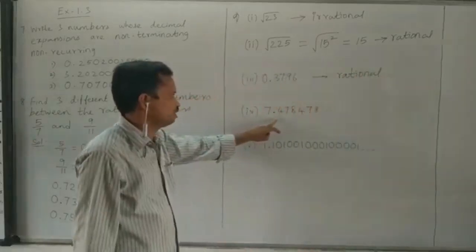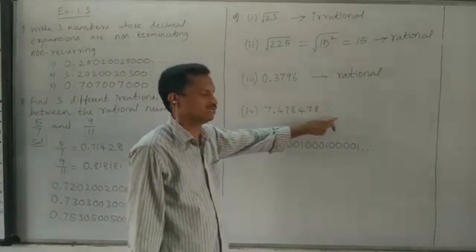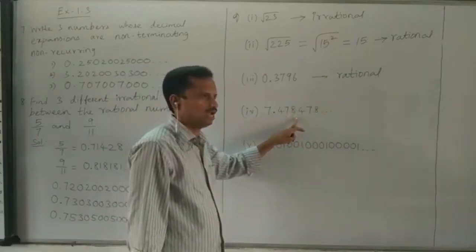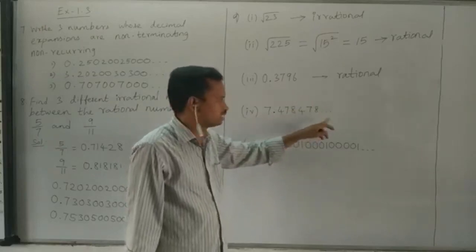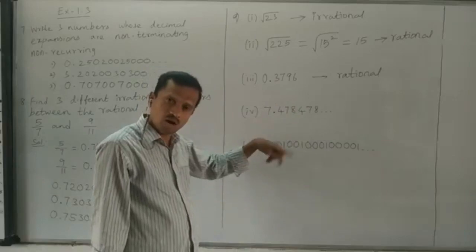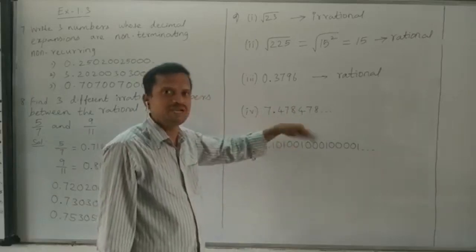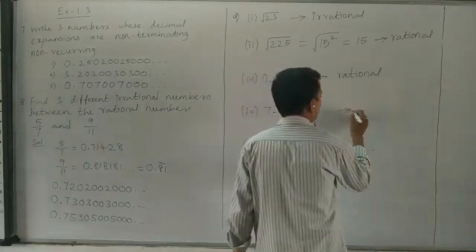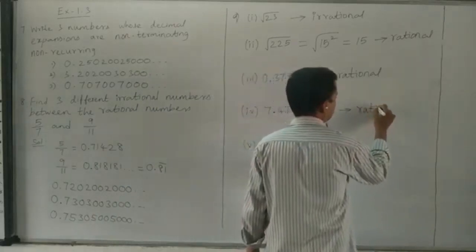And now coming to 7.478, 478, etc. So the 3 digits in the repeating block, 4, 7, 8, and again 4, 7, 8, and etc. It is repeating in such a way. So non-terminating, repeating. So such decimal expansions are rational.